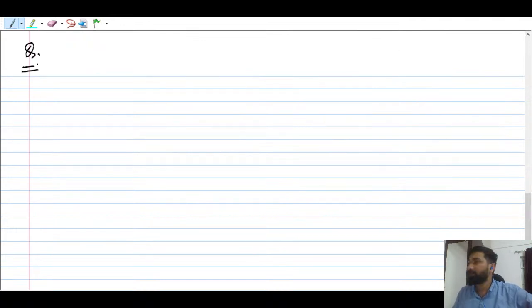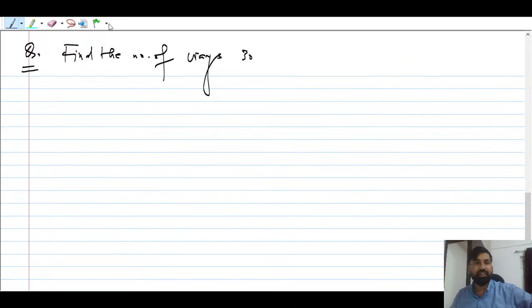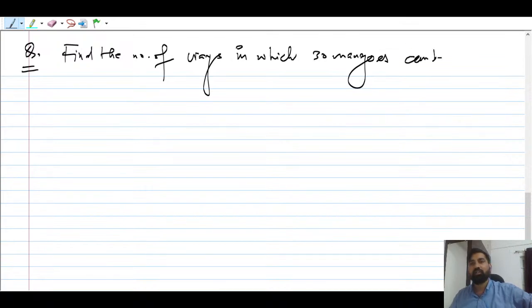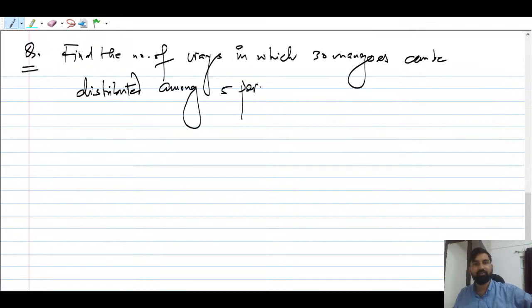So the question is: find the number of ways in which 30 mangoes can be distributed among 5 persons. I hope this makes sense. So let me solve this question using the principle we have discussed.